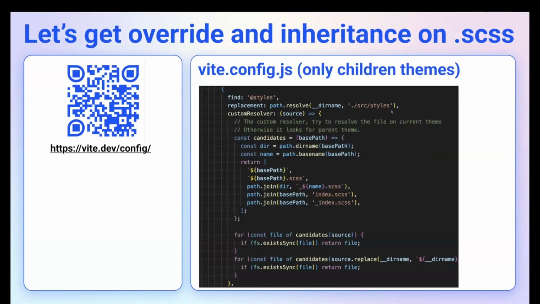So now, as I said, we have the libraries that can be extended and overridden without any issue, but we don't have the same mechanism working for the SASS files.